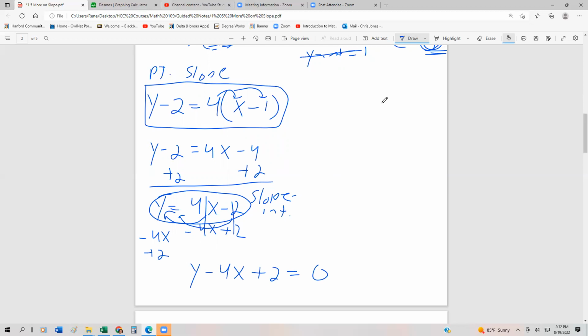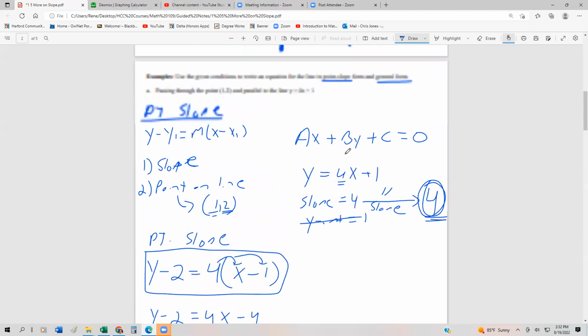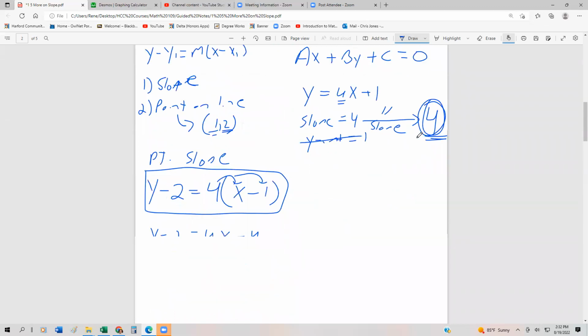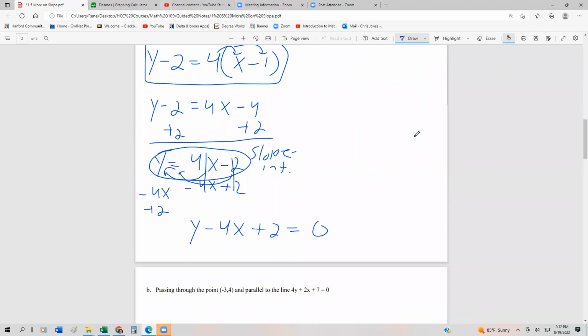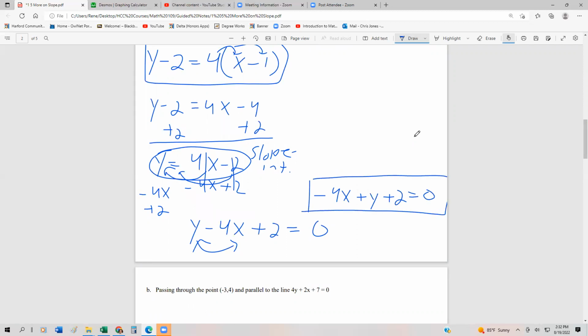If we wanted to write it in the order of ax plus by plus c, we would rearrange these two terms and rewrite that as negative 4x plus y plus 2 equals 0. That's probably the form we need for the general form.